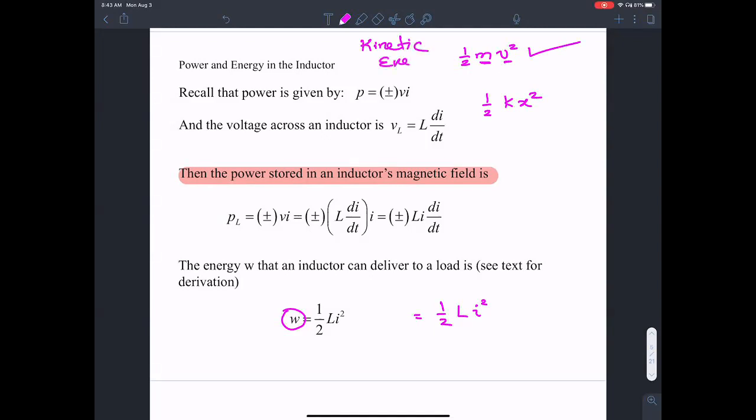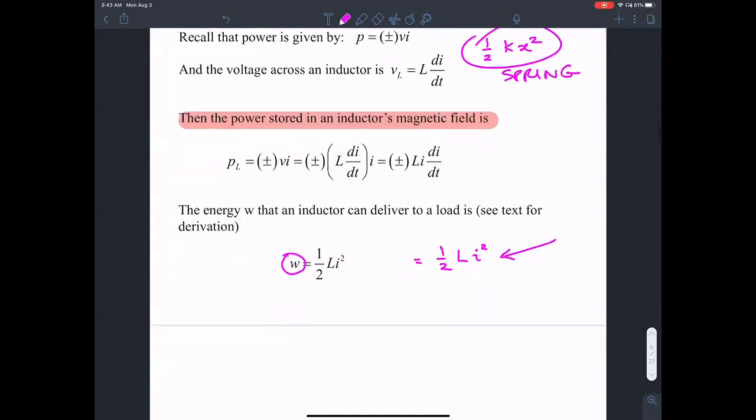Yes. The energy stored in a spring is 1/2 kx squared, where x is the amount of compression distance and k is the spring constant. So the idea is that this form is familiar to us. The energy stored in an inductance is 1/2 Li squared.